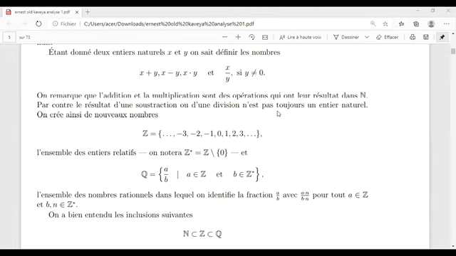So here, when we add numbers and multiply numbers, we always get a natural number.